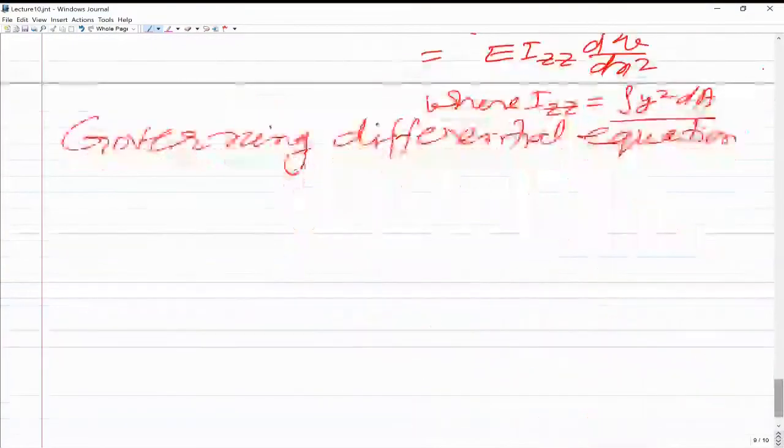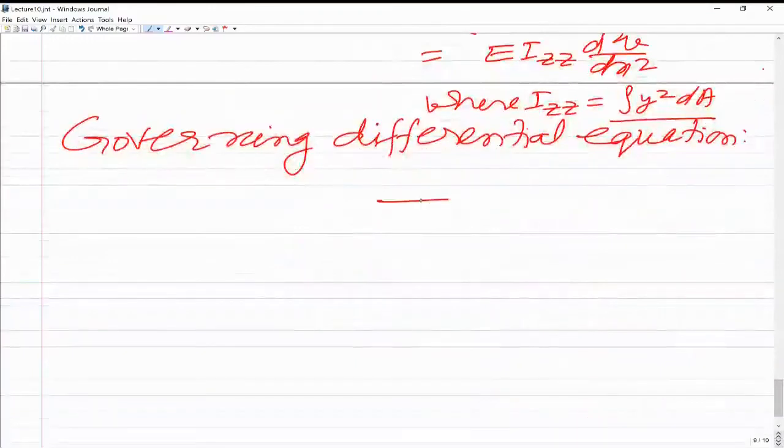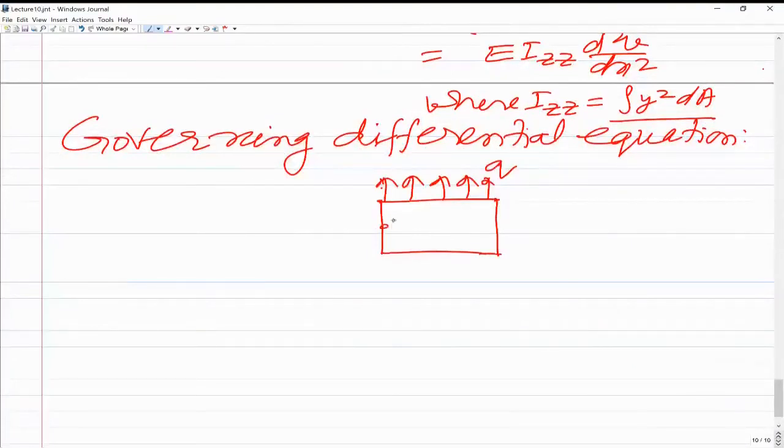There is a distributed force, let us say q, and on this side we have point A, and on the right hand side there is going to be a shear force. Shear force I am denoting by s subscript y.